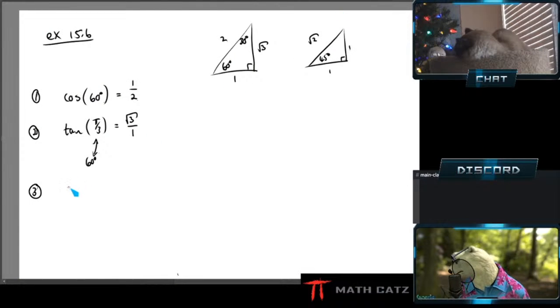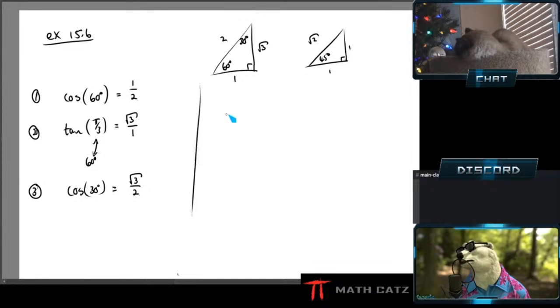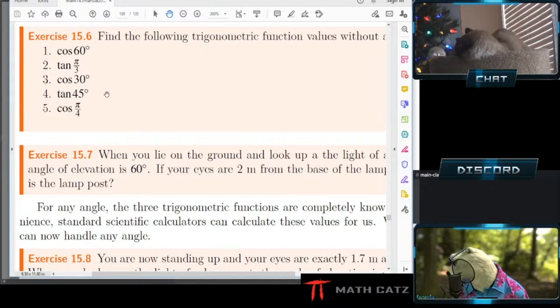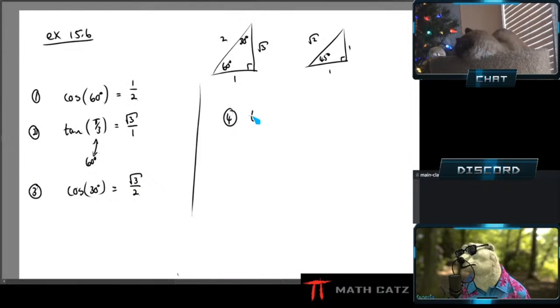Cosine 30 degrees. Now I look at my 30-degree angle here in this first triangle. Relative to that, adjacent is root 3. Hypotenuse doesn't change, 2. I'm going to do the others over here. Number 4, tan of 45 degrees. Now I look at my 45-degree angle.